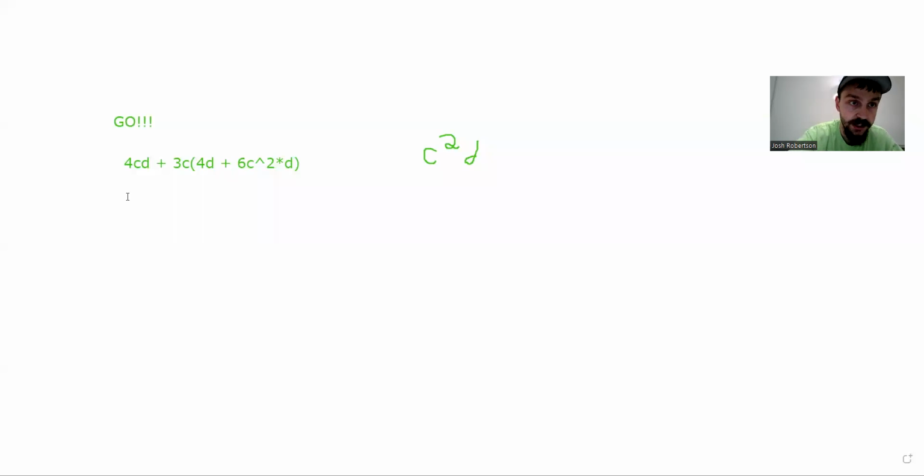So if this is in parentheses, then you can use FOIL multiplication. But if this is not in parentheses, you have to be very careful. This is not 4CD times 4D, not 4CD times 6C squared D. And here's why. You multiply this part in front of the plus sign only, right?